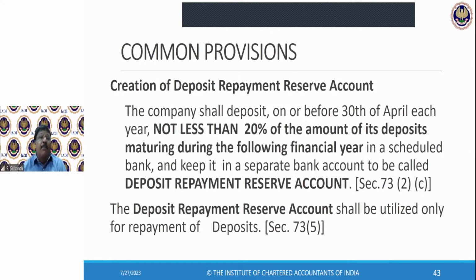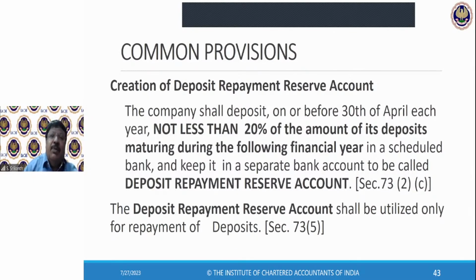Similarly, the company shall deposit on or before 30th April each year, not less than 20% of the deposits maturing during the following financial year. Same logic as debentures, except that it is 15% there, and here it is 20%.